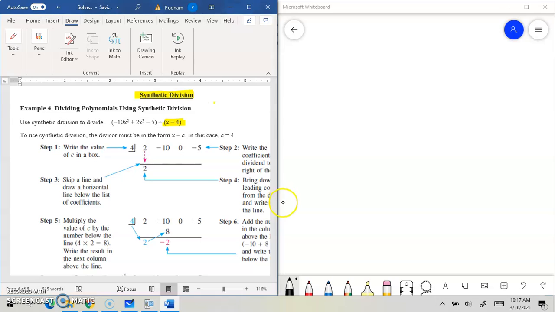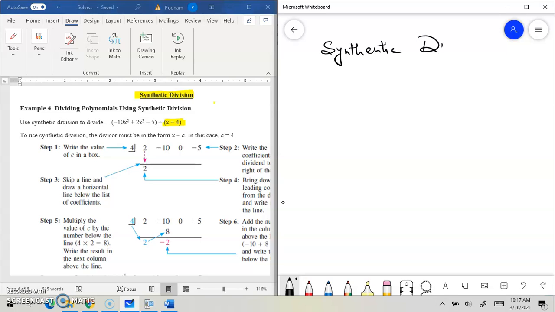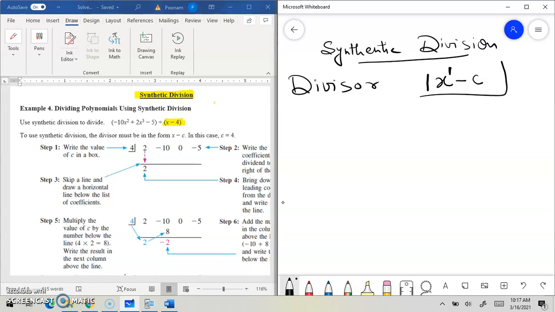So remember, synthetic division only works if the divisor looks like x minus something, say c, right? That means the coefficient of x should be 1 and the maximum power of the divisor polynomial should be 1. That means the degree of the divisor polynomial should be 1.